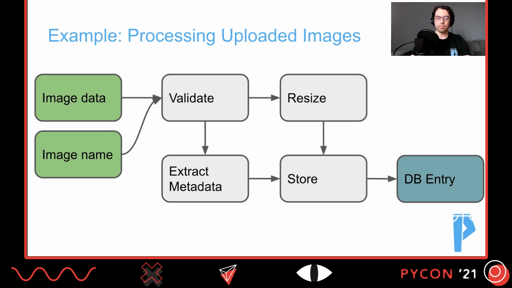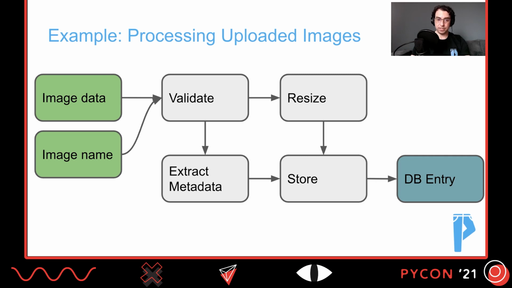One thing to notice here is that the workflow consists of a set of tasks. Each one is performing some small self-contained action. Each task has a set of inputs and an output.